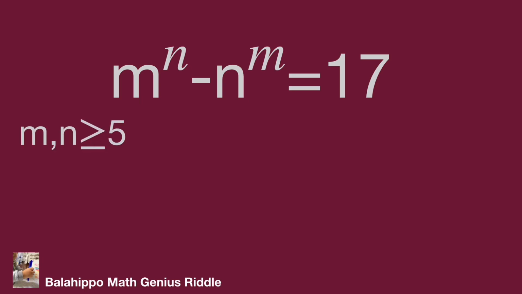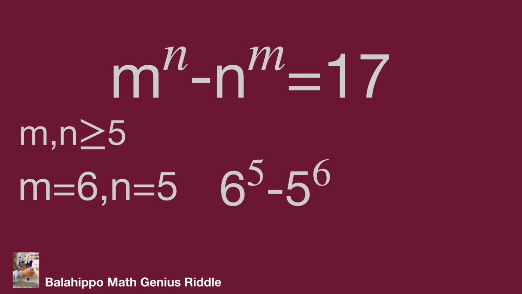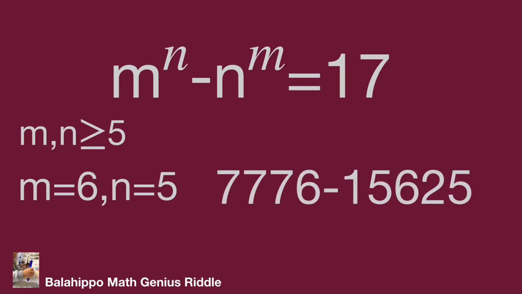What is the value when m equals 6, n equals 5? Then m to the power n minus n to the power m equals 6 to the power 5 minus 5 to the power 6, equal to 7776 minus 15625. The value is big.